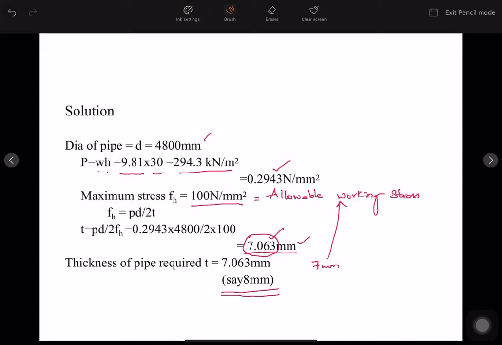So it is better to round it off to the next higher figure. So that should be 8 mm, or in case you can provide 7.5 mm also, it is permissible, but not 7.